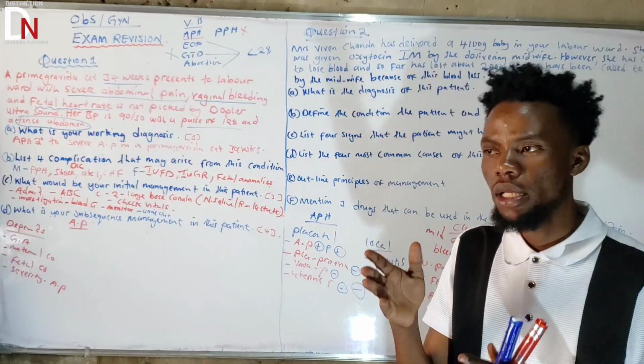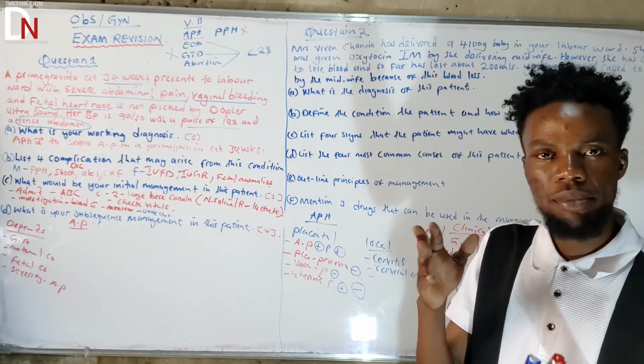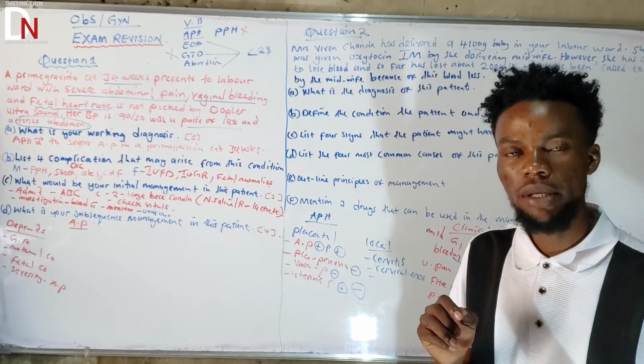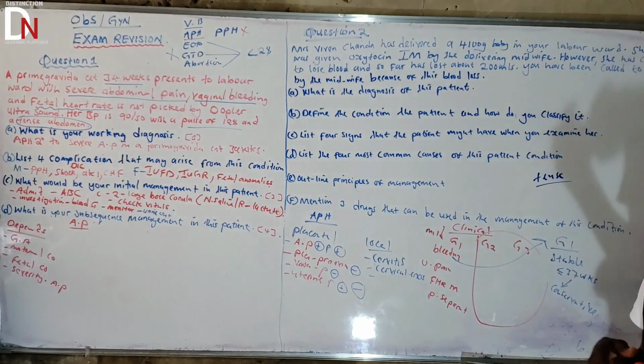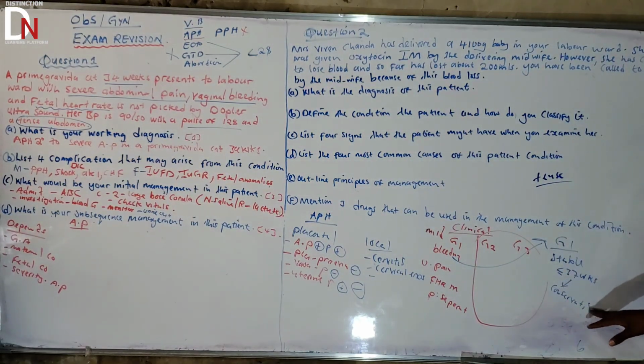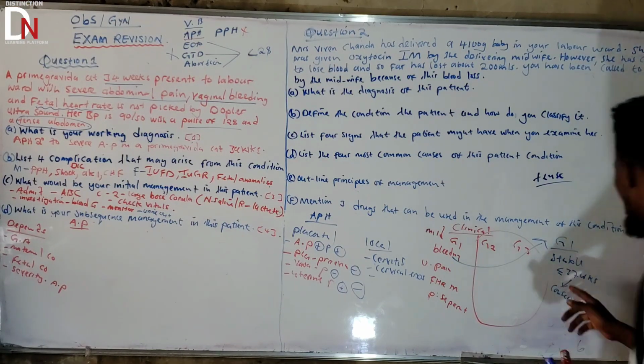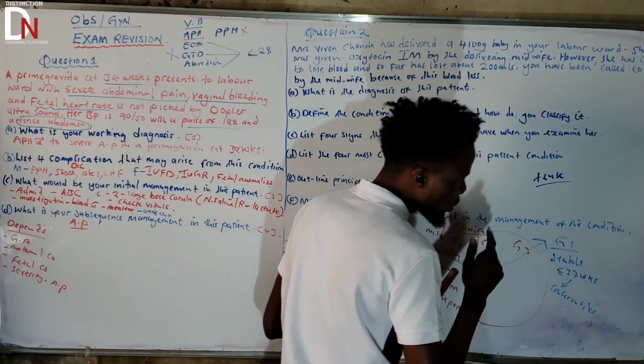Maybe the fetus is less than 2 weeks from maturity, so you give betamethasone for lung maturity. So that's under conservative or expectant management. That's what you can do here. So G1, just expectant management. If it is less than 37 weeks, you do expectant management, okay.